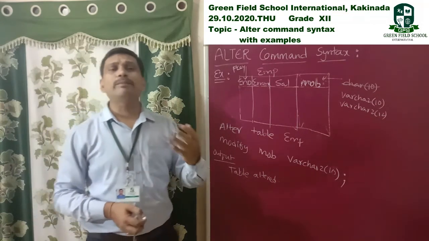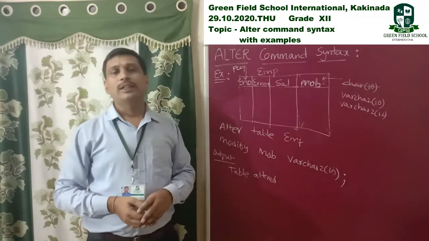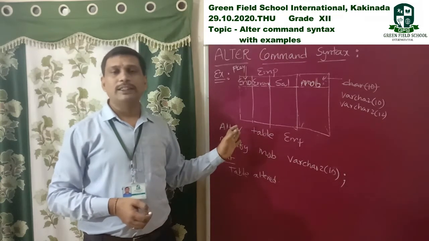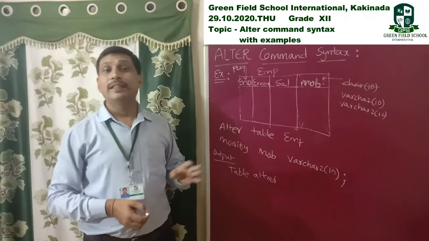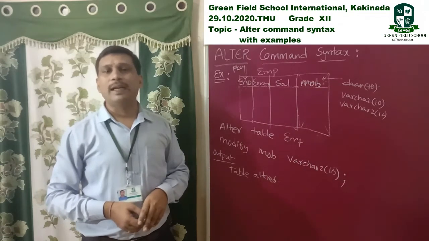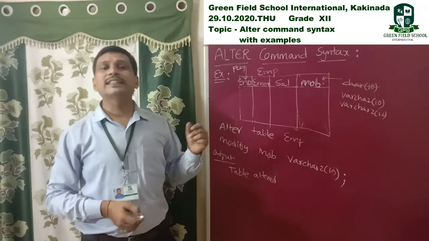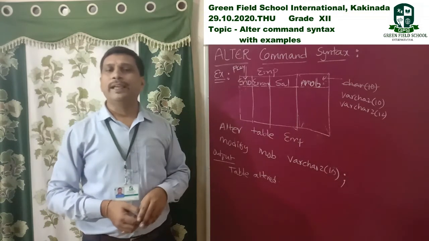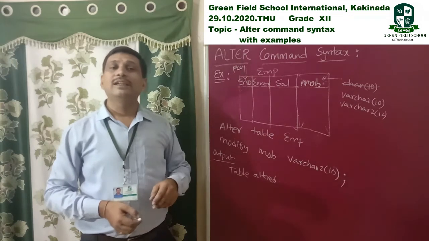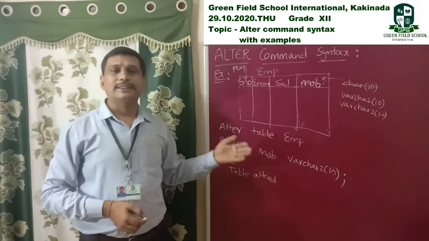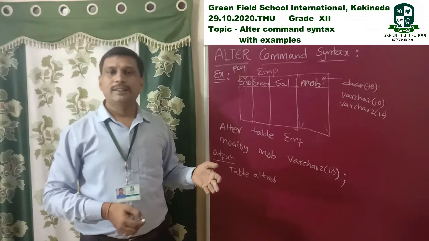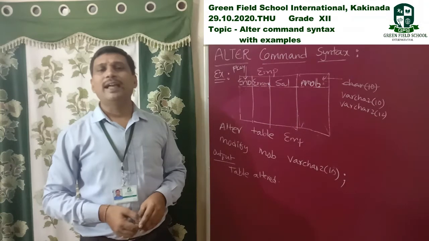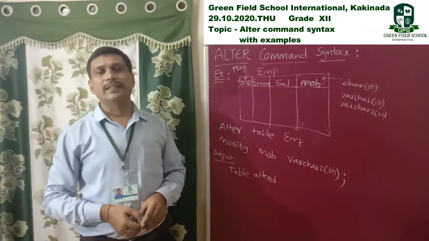If you want to see those changes in the database, you go for the desc command. Desc stands for describe. You specify desc and the table name, and it displays the new changes, the current status of the entire table's structure.